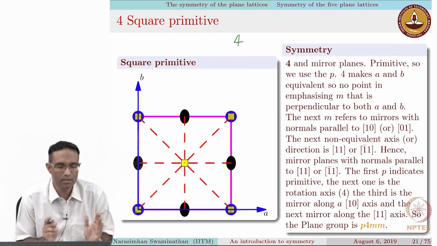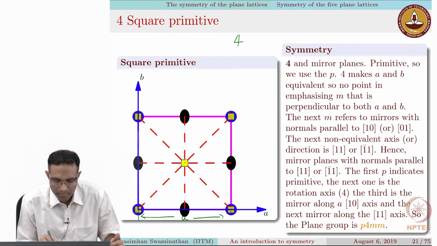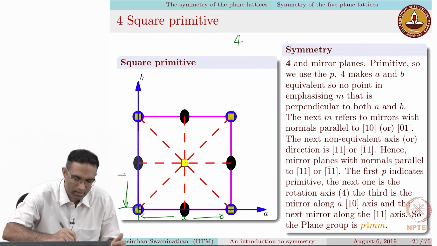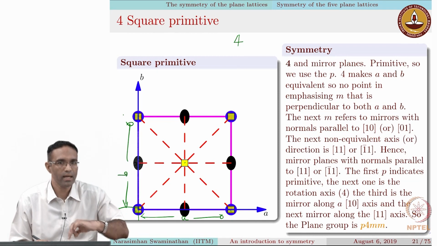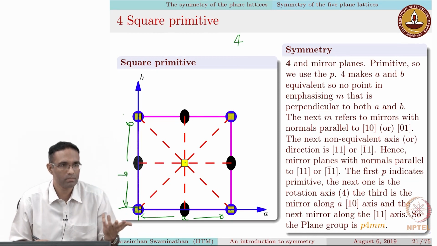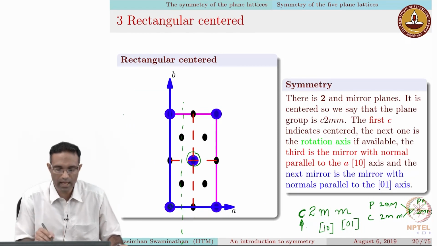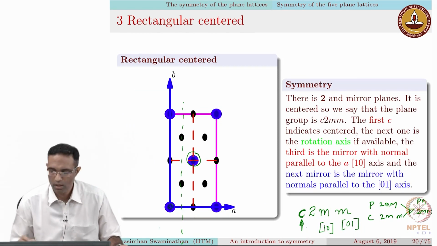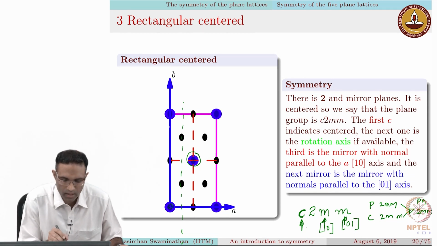What does this mean? It is making this A and this B equivalent, correct? In the previous case, in the rectangle, this and this were not equivalent. So we had 2 slots, one for this and the other for this.